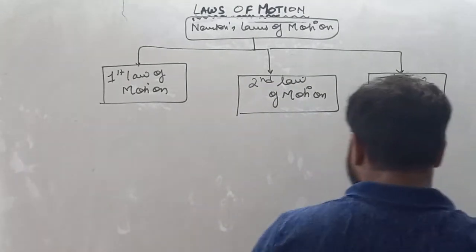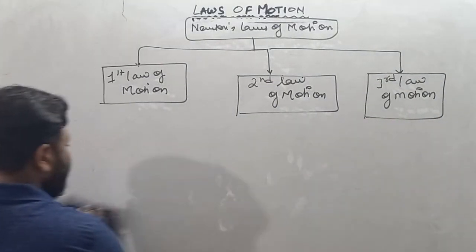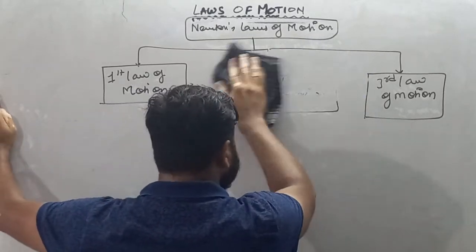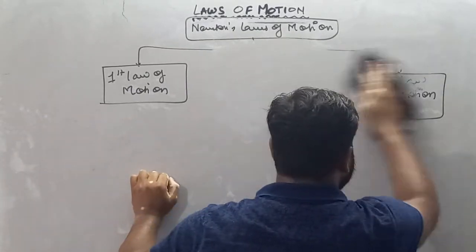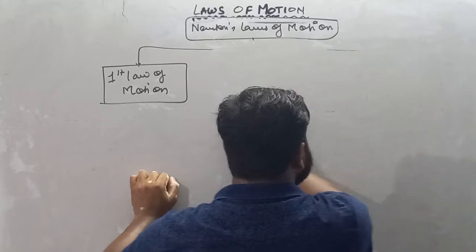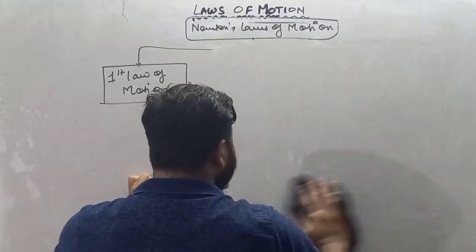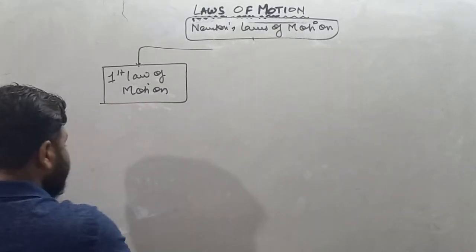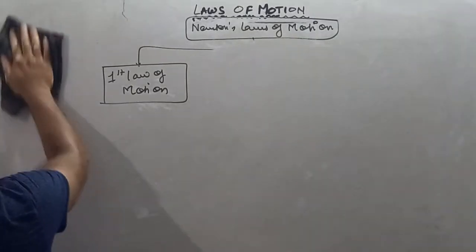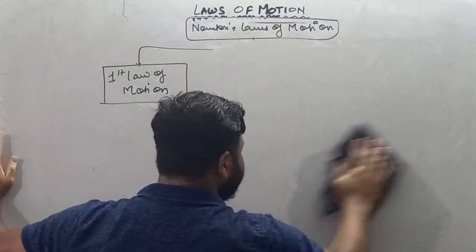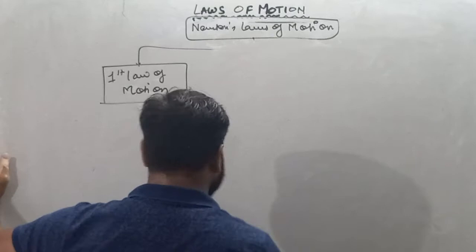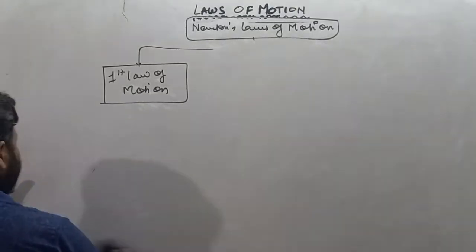So write down the very first topic, Newton's first law of motion. My dear student, before the coming of the first law, we don't know about mass. The first law can give the information about mass. Remember this thing.